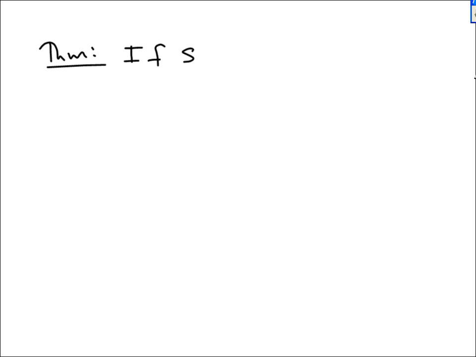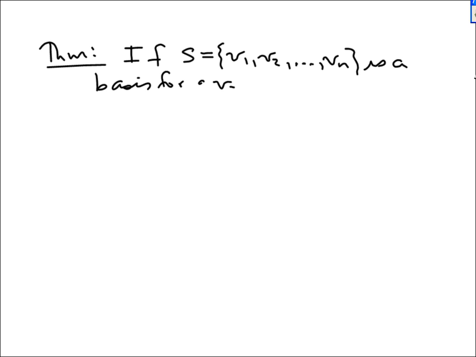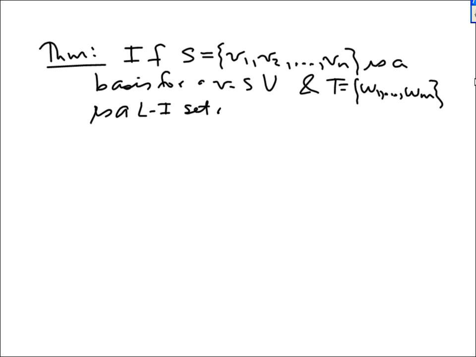If S equals the set of n vectors v1, v2, up to vn, this is a basis for a vector space V, and T is another set, T equals w1 through wm, a linearly independent set of vectors in V, then the number of vectors in T must be less than or equal to the number of vectors in S, in the basis.